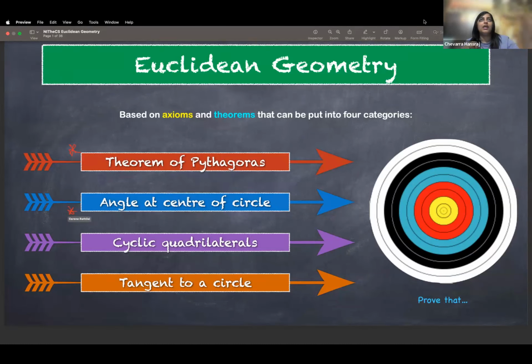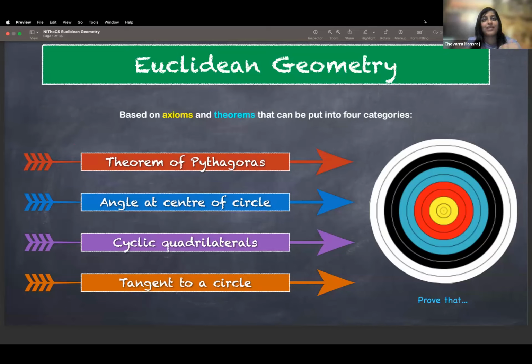So you've got 4 points on a circle. They would make a cyclic quadrilateral. Of course, if you just take 4 points of anything and you draw lines to connect them, that would be a quad. And if those points lie on the circle, that means it's a cyclic quad in essence. And then, of course, we've got tangent to a circle, which is where you have your famous tan chord theorem and so on and so forth.